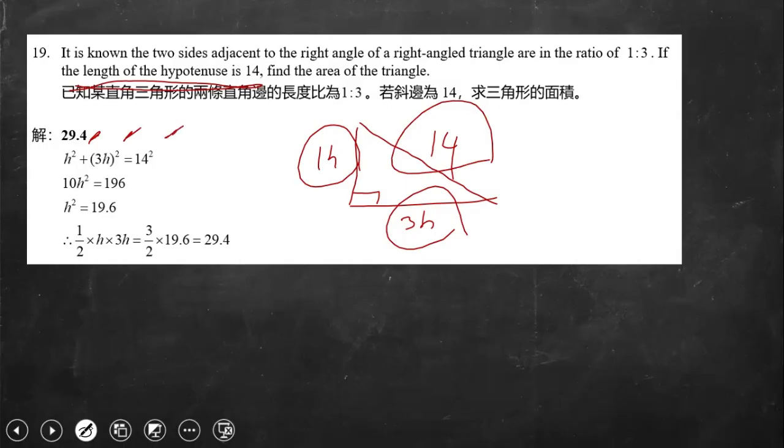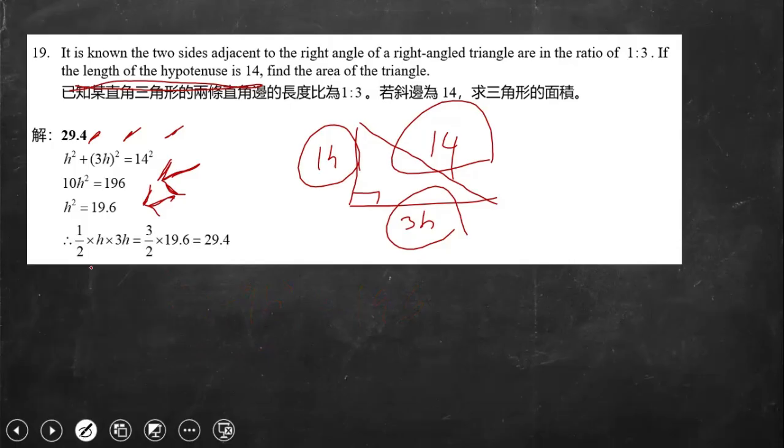Just computing this, we have h squared plus 9h squared equal to 196. Adding these two, we have this equation. Then dividing both sides by 10, we have h squared is equal to 19.6.